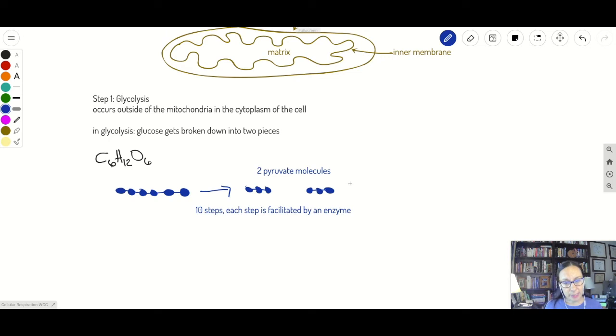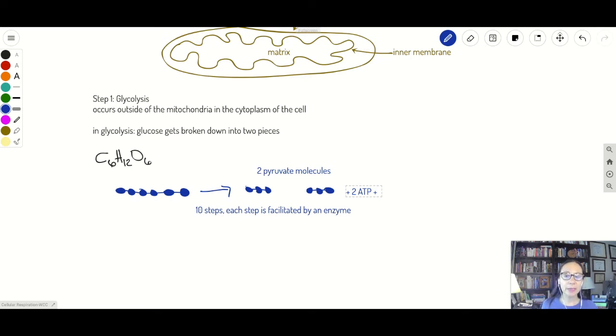Okay. Plus we're going to have 2 ATP molecules. So in this process of glycolysis, we're going to generate 2 ATP molecules. Okay. Total, we generated 4 ATP molecules, but 2 of the ATPs were used in this process. Okay, so you kind of have to invest a little bit to get this whole thing going.